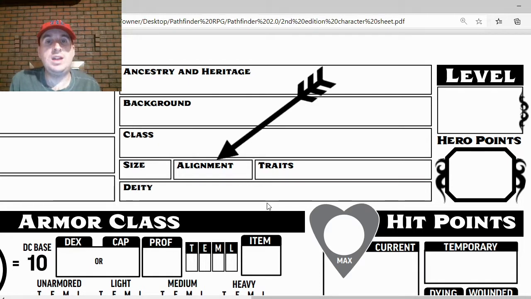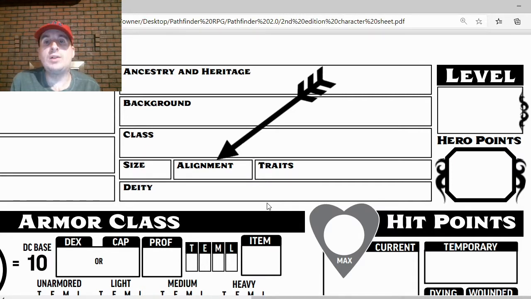Your alignment is a generalization of what your character's moral standards are. For example, there are 3 different types of good alignments. They are chaotic good, lawful good, and neutral good. Chaotic good generally means that you will do just about anything for the greater good.